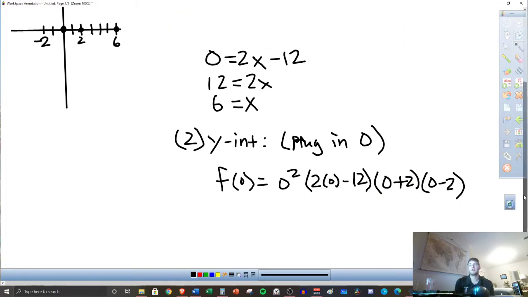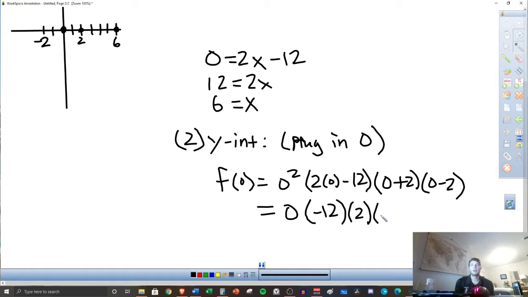Write that right? Yeah, okay. So then we simplify it. 0 squared is 0. Then we get -12, 2, and -2. What do I get when I multiply all that? Hopefully you don't even need a calculator, because look, there's a 0 up front. 0 times all of this is equal to 0. That's our y-intercept.